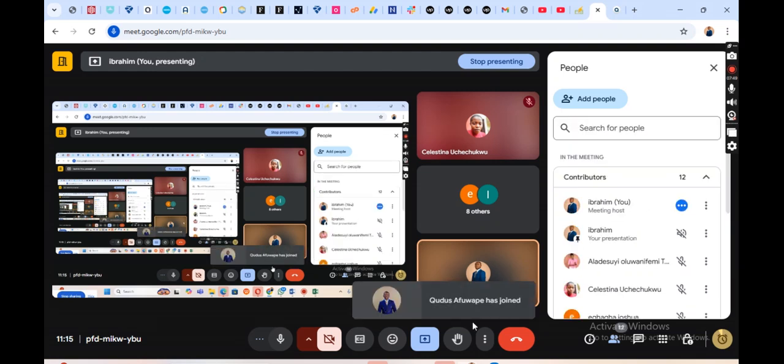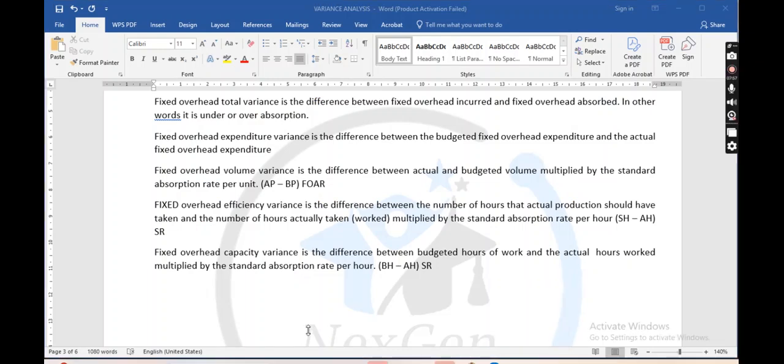So what is that? Material price variance. Suggest a solution.